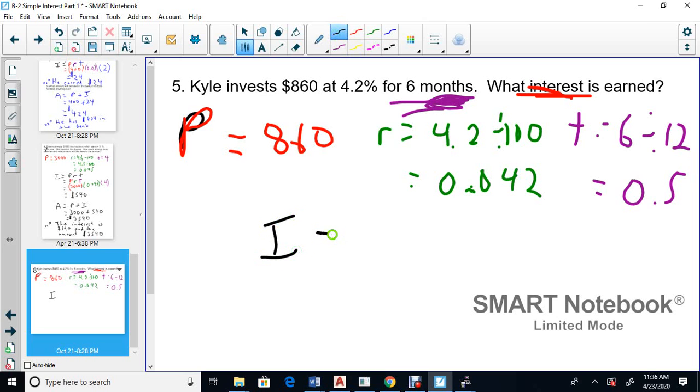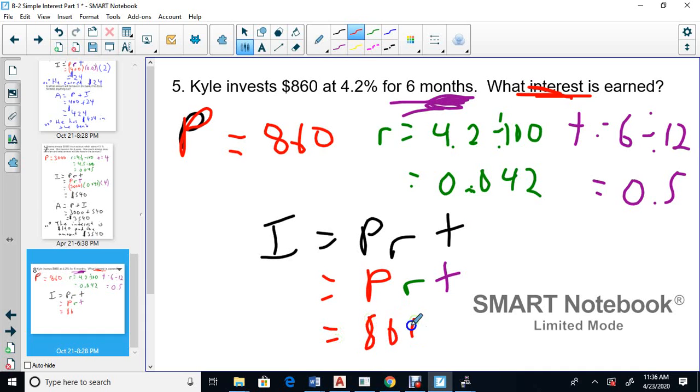Okay, now we do the interest. I is PRT. We can color code that so you can see everything. So P is in red. R, what I'm getting from, is green. And T is in purple. So we'll put in our P, 860.